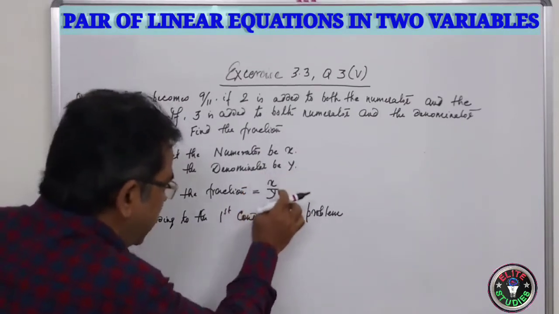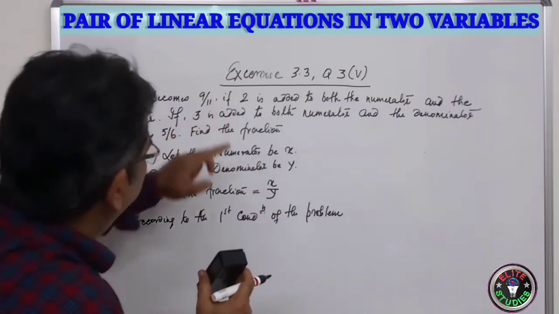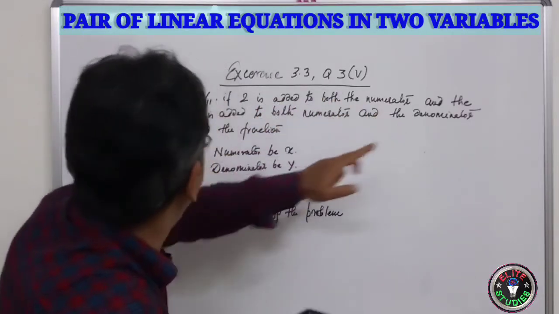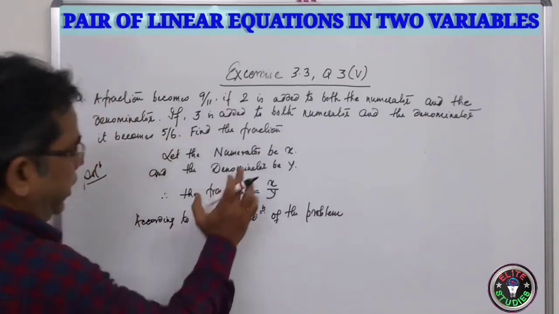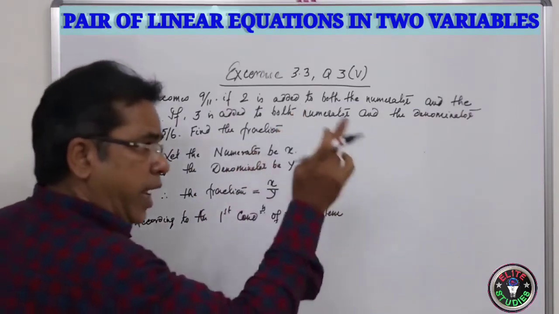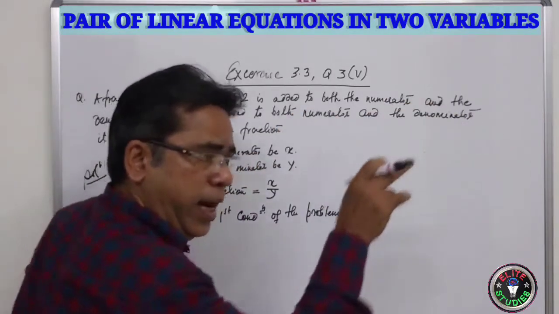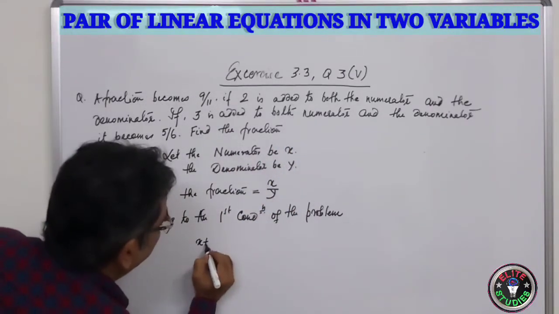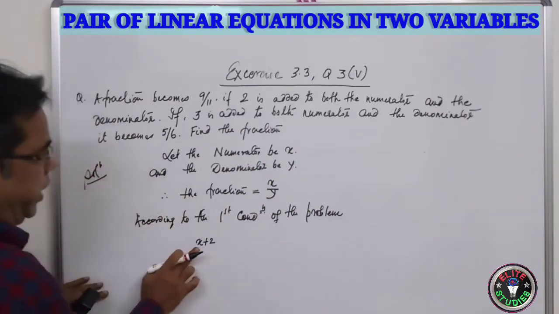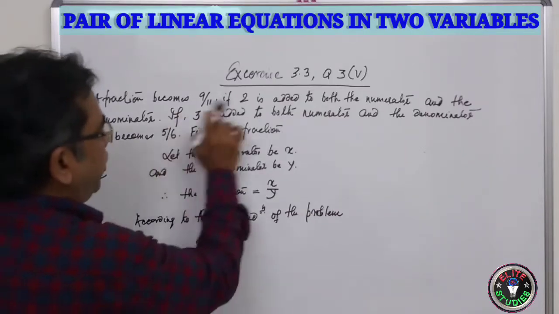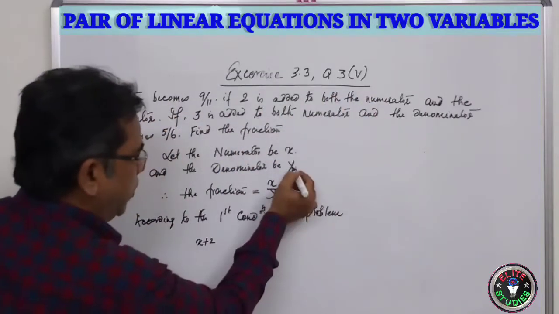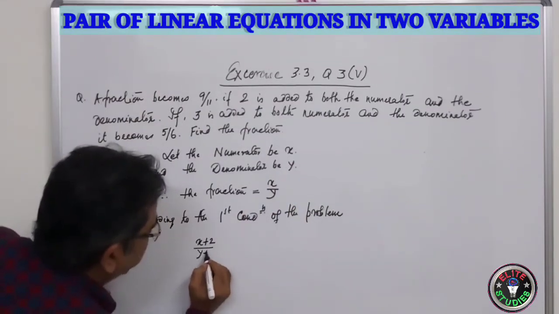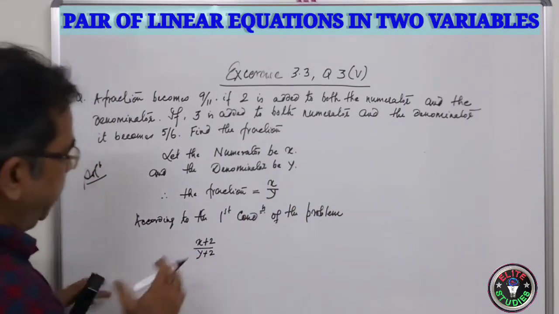This fraction becomes 9 by 11 if 2 is added to both the numerator and the denominator. The numerator is x, so 2 is added to the numerator, x plus 2. The denominator is y, so 2 is also added to the denominator, y plus 2.